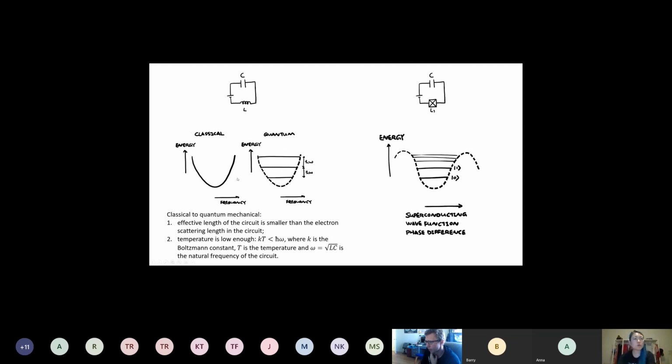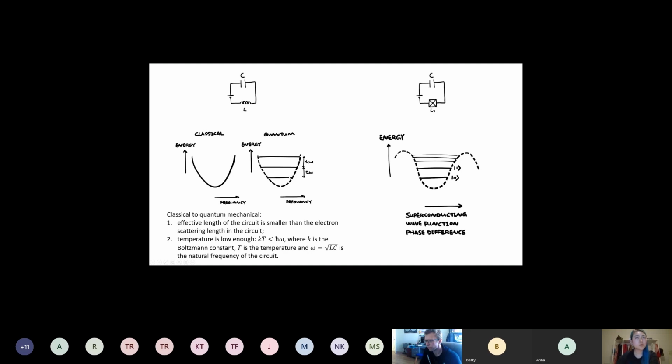When you reduce it to a really low temperature and make it very, very small, it then enters the quantum regime. When this circuit becomes a quantum circuit, it would split into discrete energy levels.